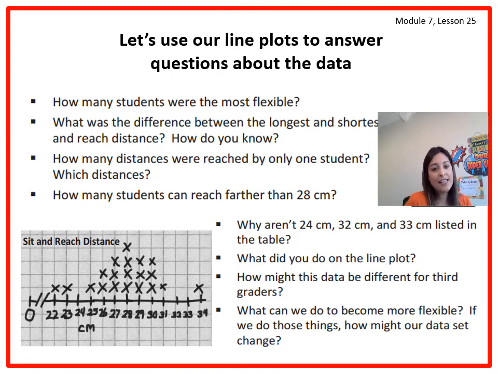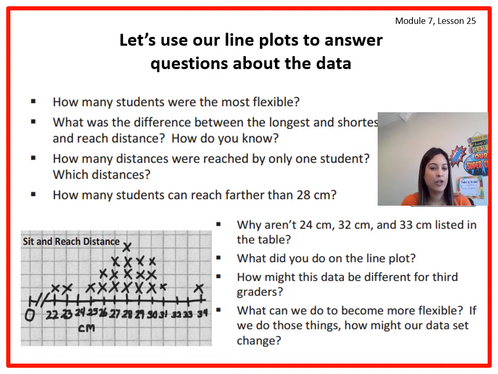Next question says, how many students can reach farther? Remember, farther means more far. So how many students can reach farther than 28 centimeters? So anything more than 28, we count. How many students reached 29? 3. How many reached 30? 3. So 3 plus 3 is 6.